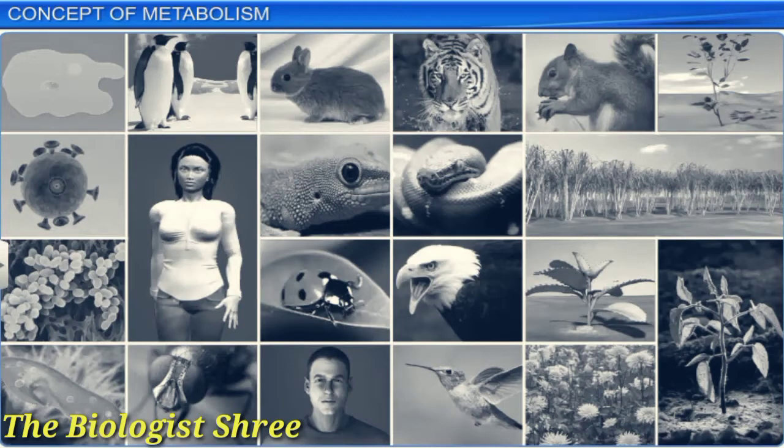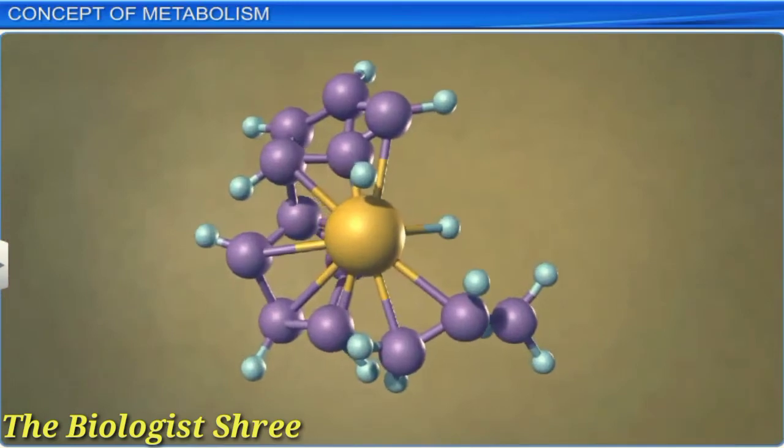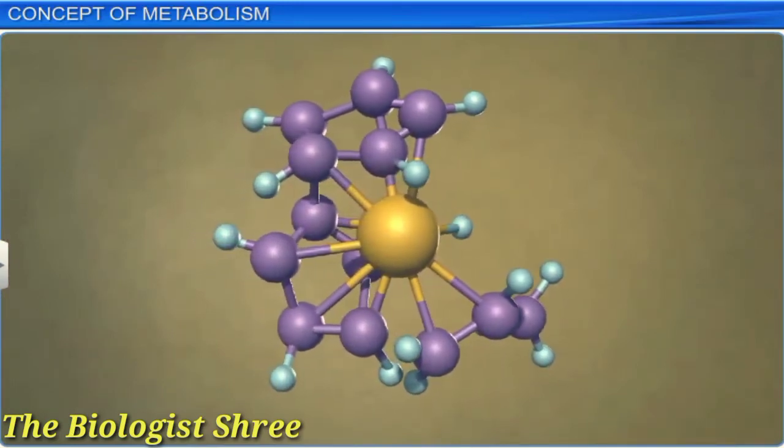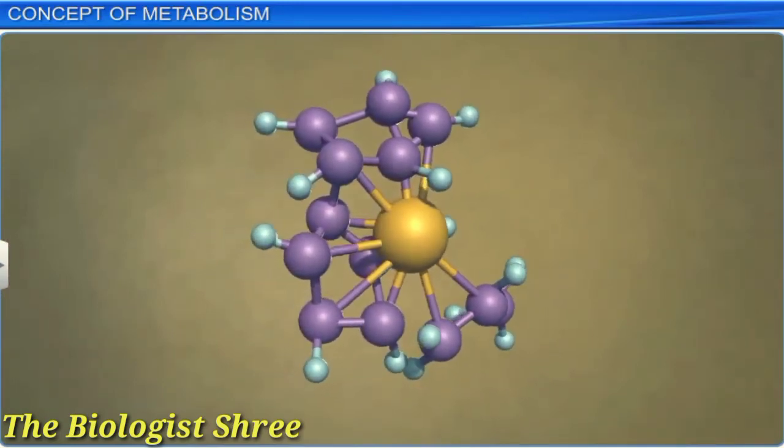All living organisms, whether plants, animals or microorganisms, contain innumerable organic compounds or biomolecules in a certain concentration. This concentration is expressed as moles per cell or moles per liter.